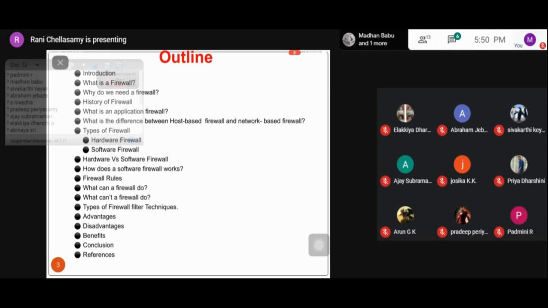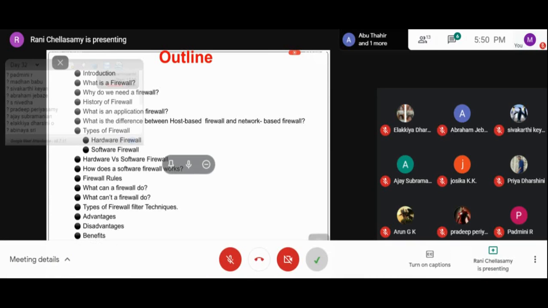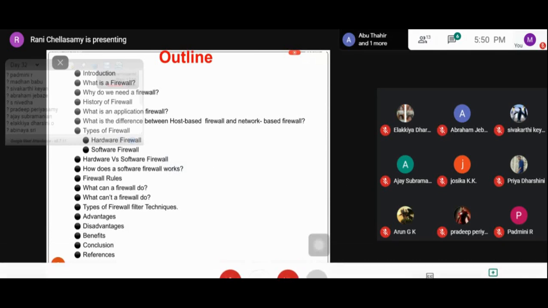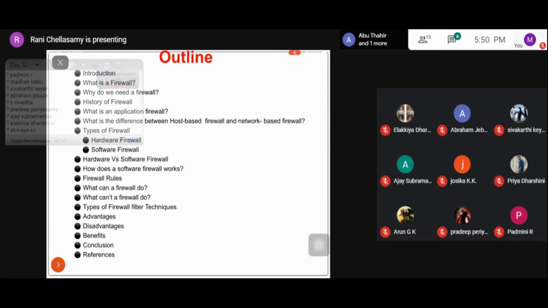Okay, so these are some of the rules involved in firewall, and what can a firewall do and what the firewall cannot do. So all these points can be discussed. Okay, and we'll see the types of firewall, filter techniques. Okay, and there are so many types involved in it. We'll see one by one, and we'll see the advantages and disadvantages and the benefits of firewalls, and we can come to the conclusion. Okay, fine.